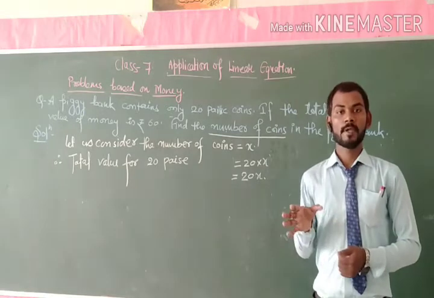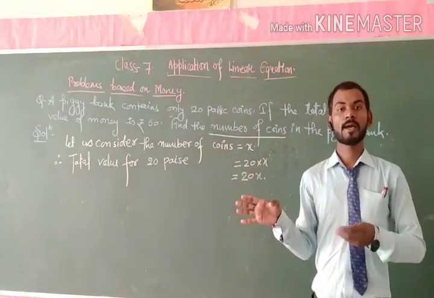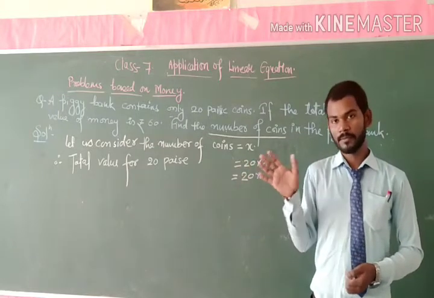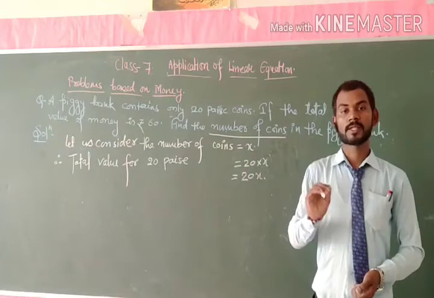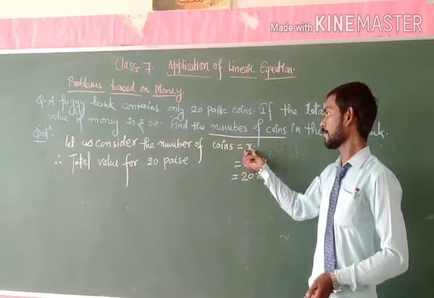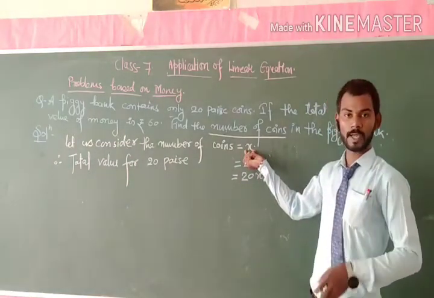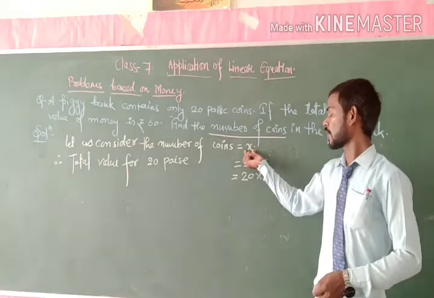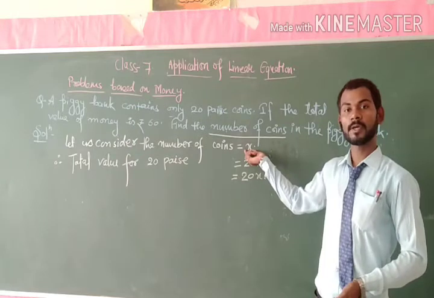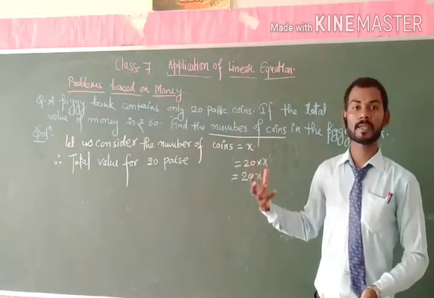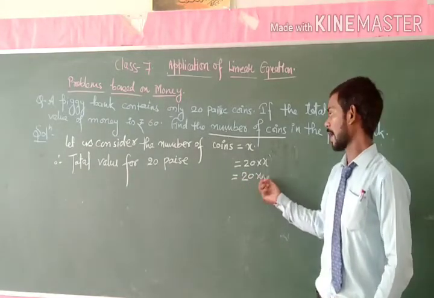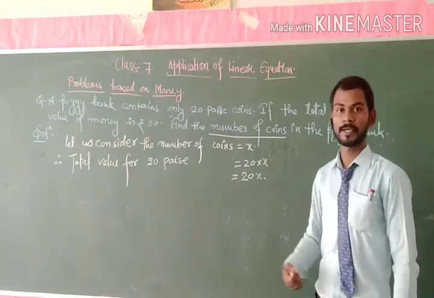You have a note of 50 rupees and 5 notes, so we multiply 5 by 50 and get the total amount. Similarly, here the number of coins is x and all the coins are of 20 paise. So when the number of total coins is x, the total money will be 20x. I hope the supposition is clear.